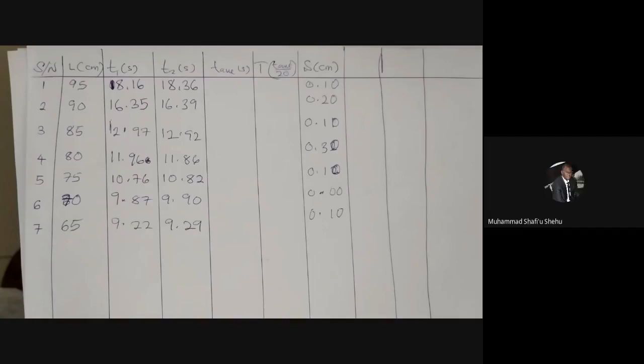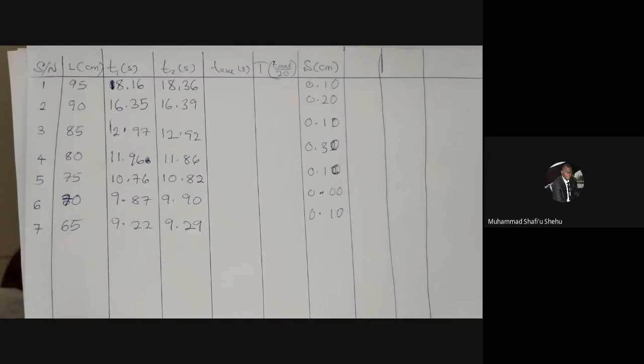Yes, sir. Okay, so this depression S, we found it from, for example, after taking your initial value, after attaching the load, you will take it back and then allow it to swing. After swinging for 20 oscillations, you should expect your meter rule to be depressed a bit, because after removing the load again, it may not go back to that initial length.